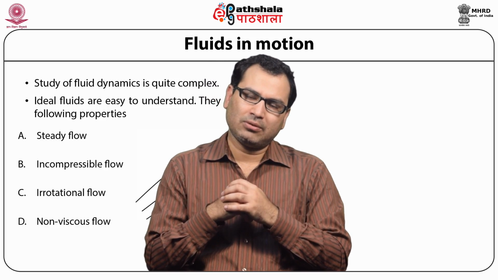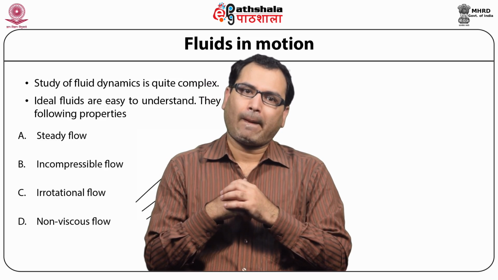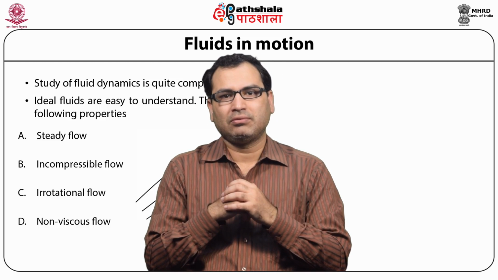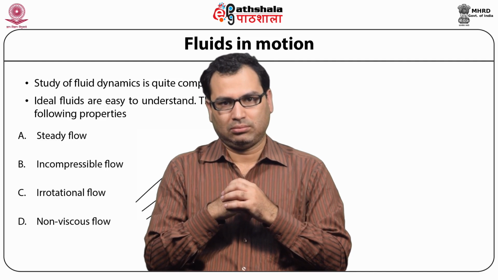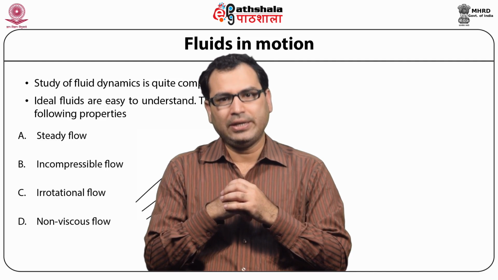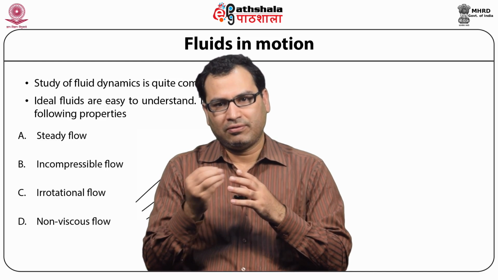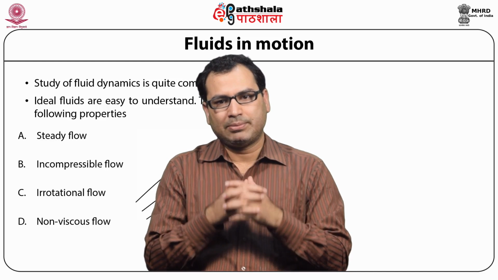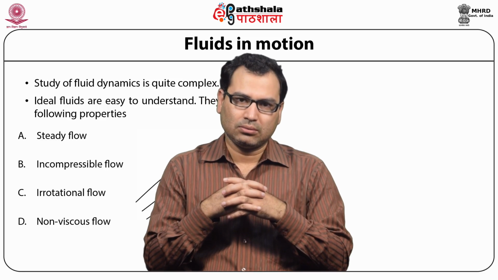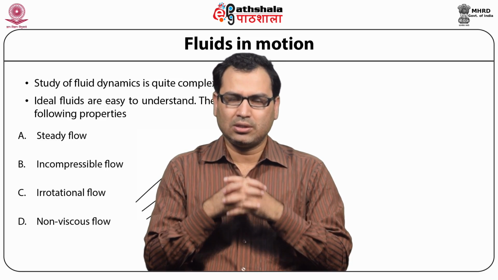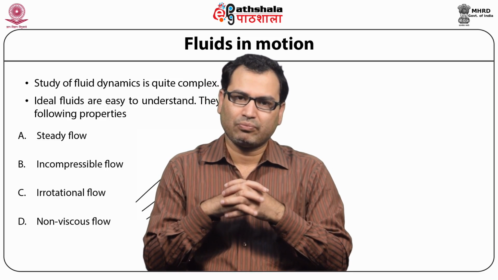So what are the properties of ideal fluids? Ideal fluids are those fluids which have steady flow, meaning that the velocity of a specific fluid component does not change randomly, does not change abruptly.